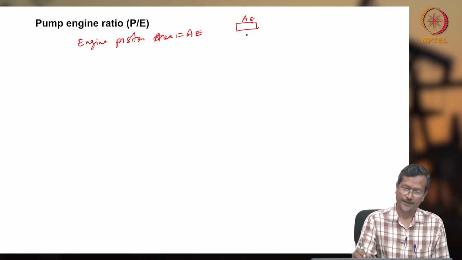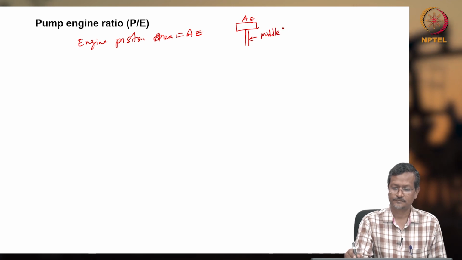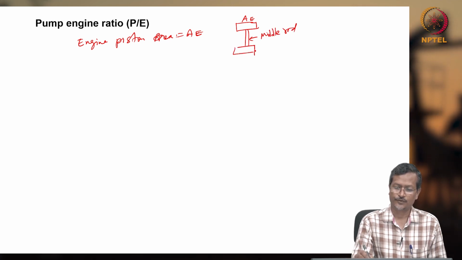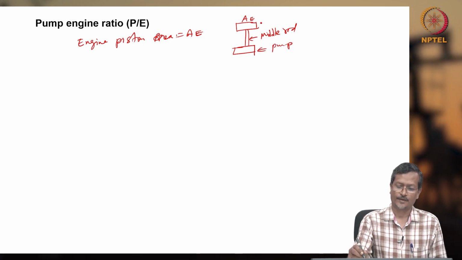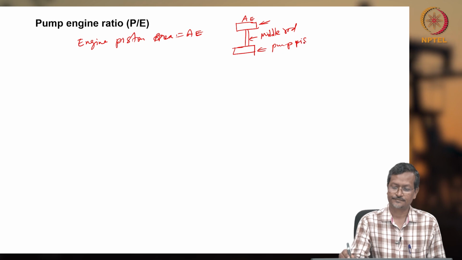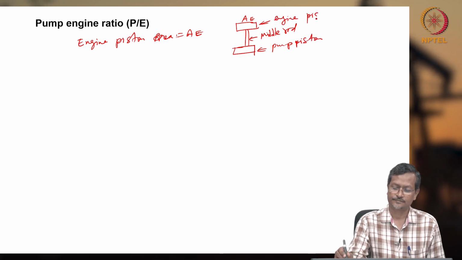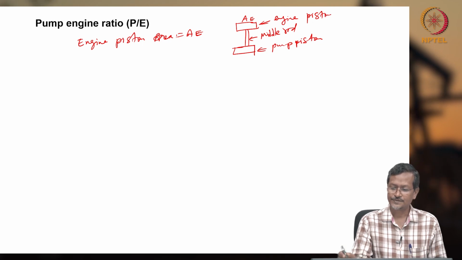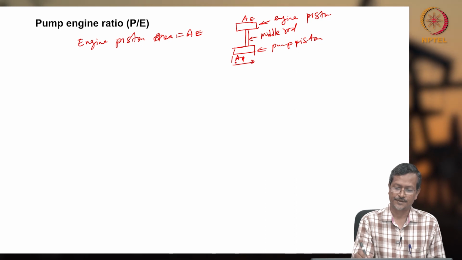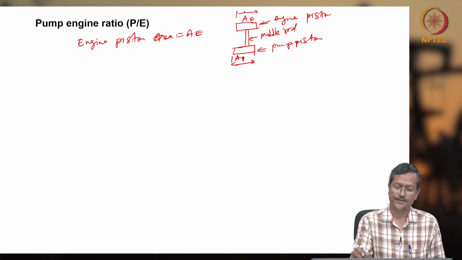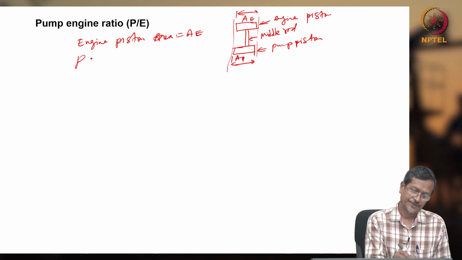A middle rod area, this is the middle rod that will be connected to your pump, right? This is the pump piston, this is the engine piston. So this pump piston area is AP. This is AE, engine area.